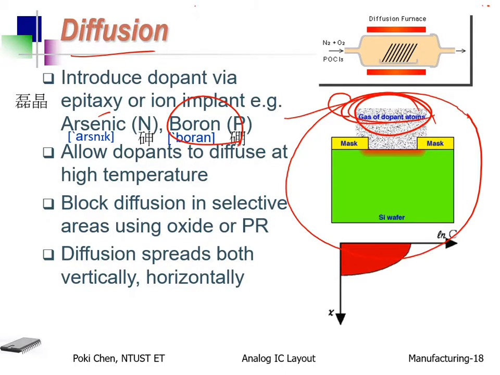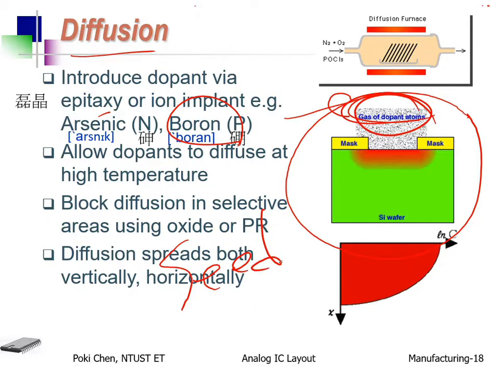Then the atoms with high enough speed collide with your monosilicon. We only have monosilicon from the beginning. Later I will show you how to get polysilicon. From the beginning, the wafer, with the help of a seed, we have single crystalline, monocrystallization. Okay? So everybody has the same atoms.